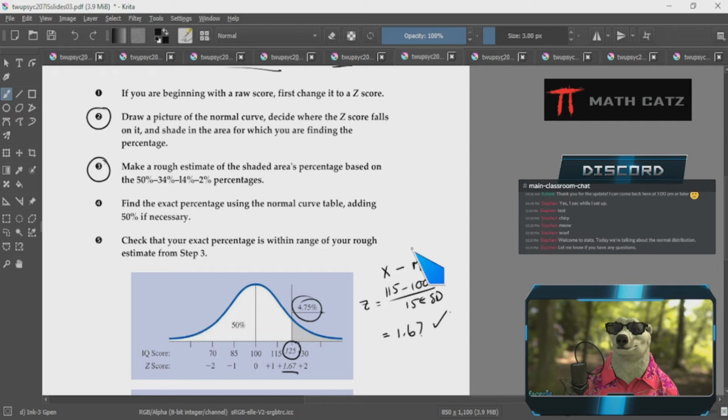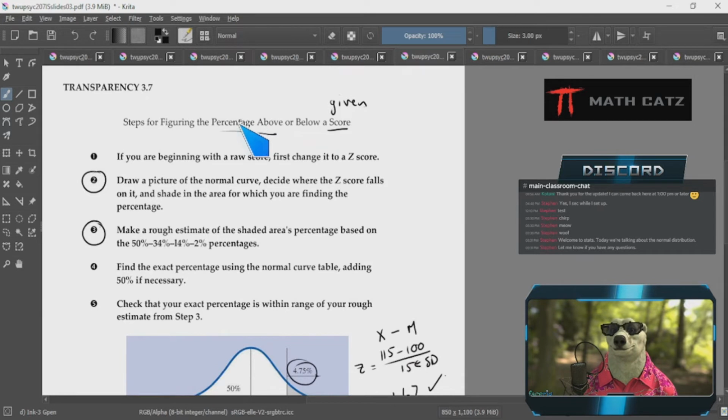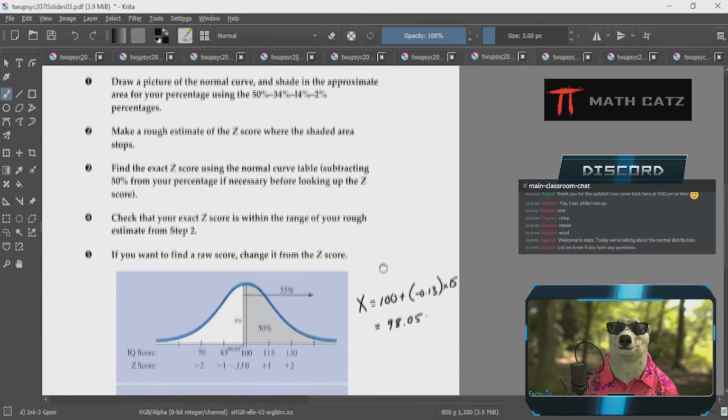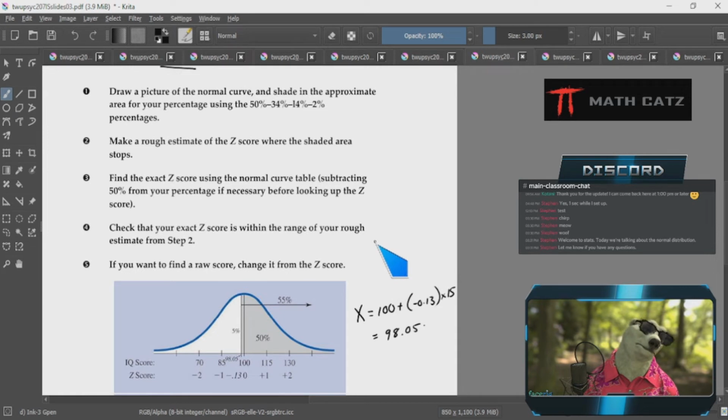So that's one direction. If I'm given a score, let's scroll up here. I'm given a score, I want to find the percentage above or below, depending on what is needed. I could also be given a percentage, and I want to find the score. Okay, so let's look at a diagram here, and say I want to calculate the score that would have 55% to the right of that line.